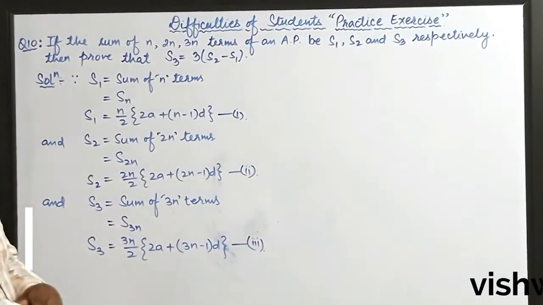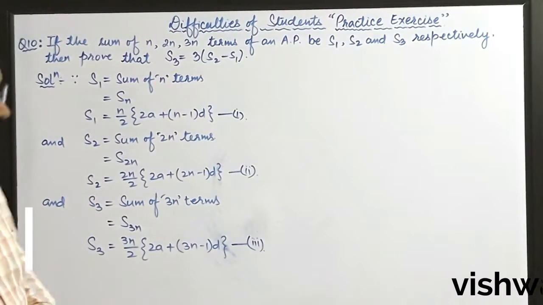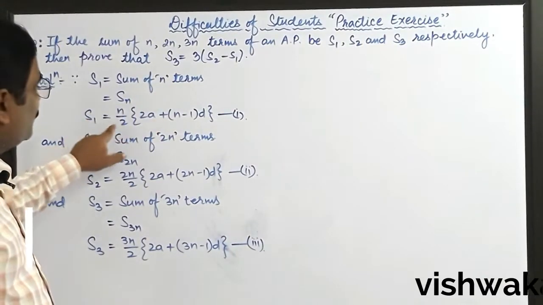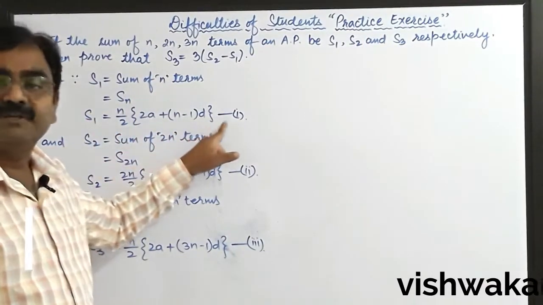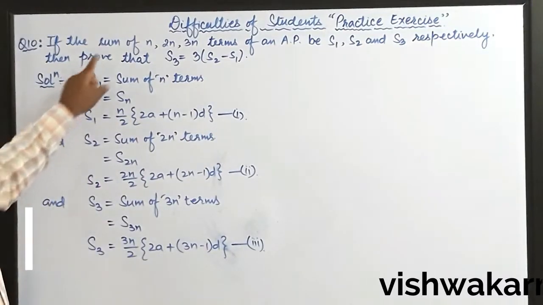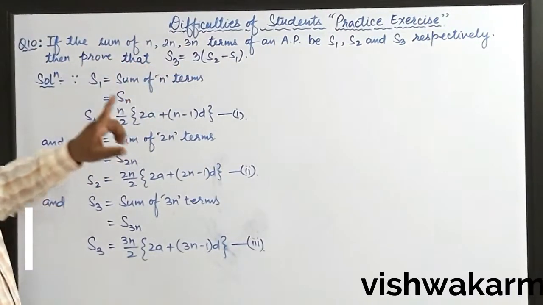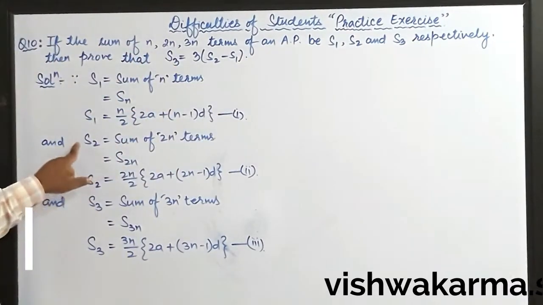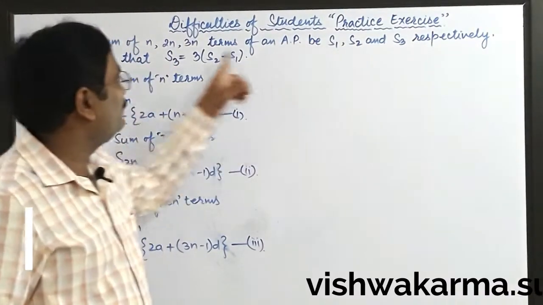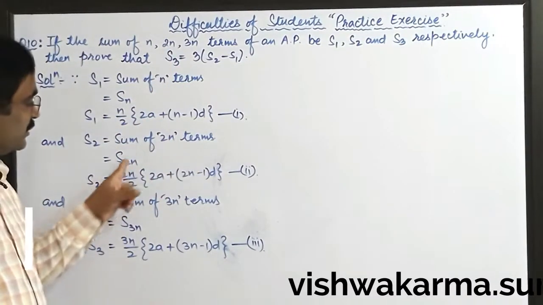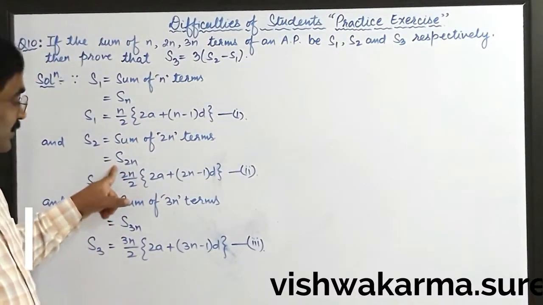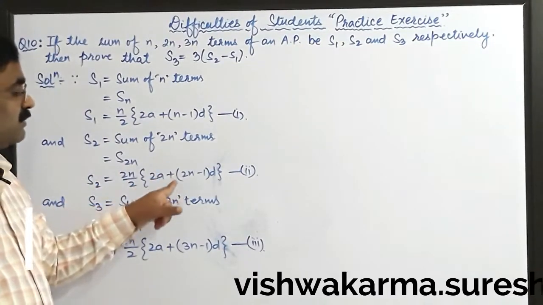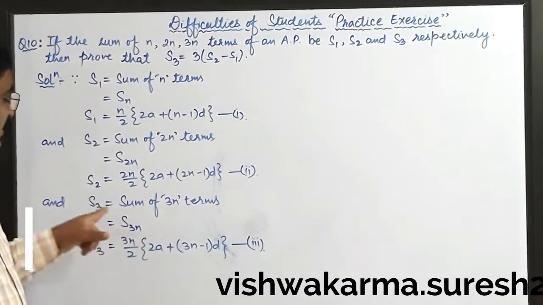Right children? Did you understand this much? S1 is the sum of n terms, means Sn, means n upon 2 into 2a plus n minus 1 into d. According to the question, S2 is the sum of 2n terms, that is S2n, and S2n is equal to 2n upon 2 into 2a plus 2n minus 1 into d.